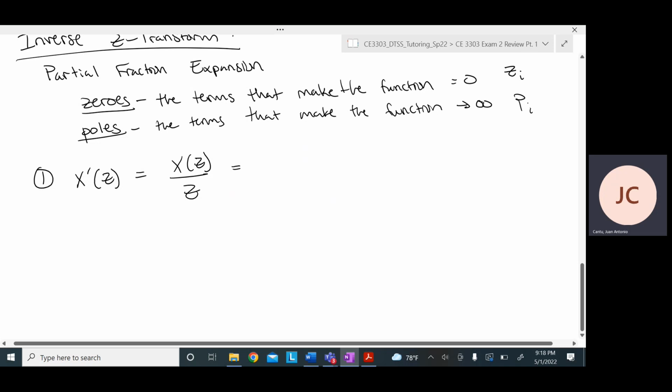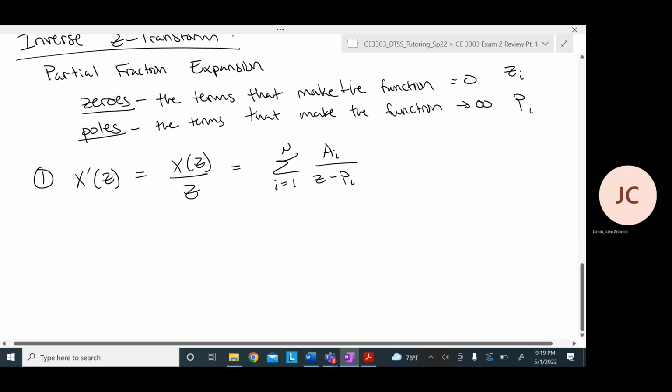Any z signal can be represented as a sum from i equals 1 to some upper bound of a constant a sub i over z minus a pole.